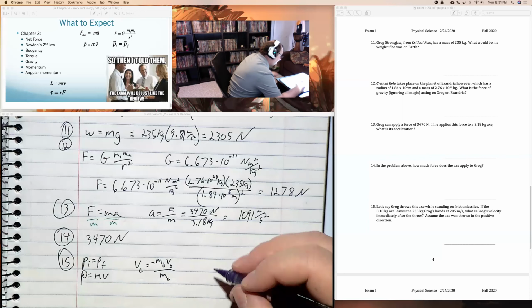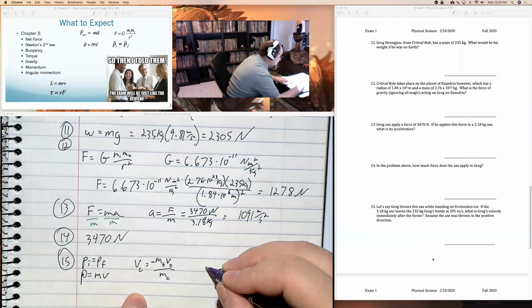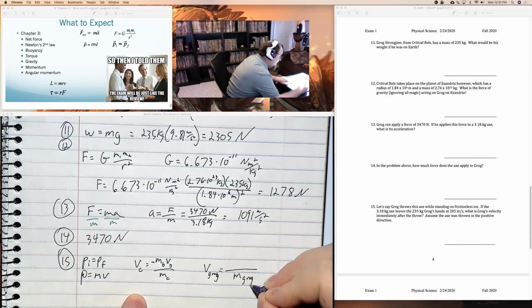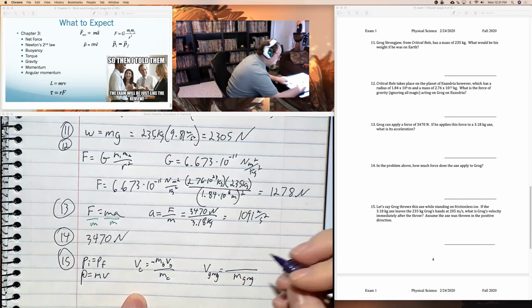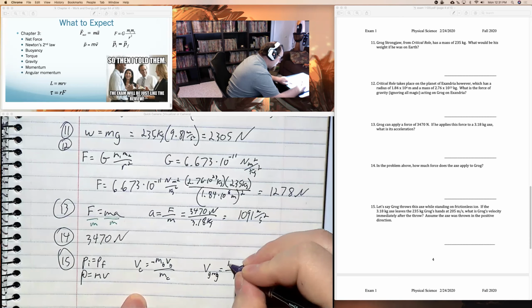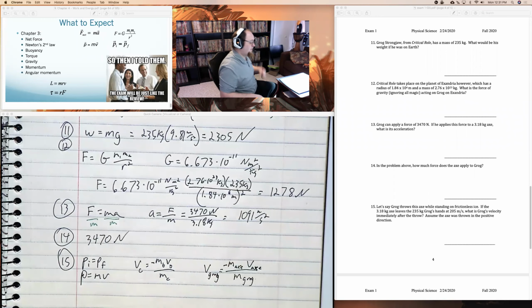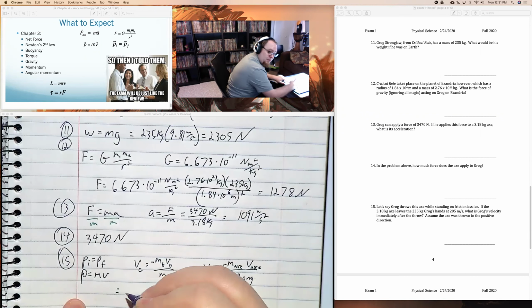So the thing doing the launching, that's C. Grog is doing the launching, so my C's become Grogs. And the thing he's launching is an axe. So the velocity of Grog is negative the mass of the axe times the velocity of the axe over the mass of Grog. Am I still on the page? I am.